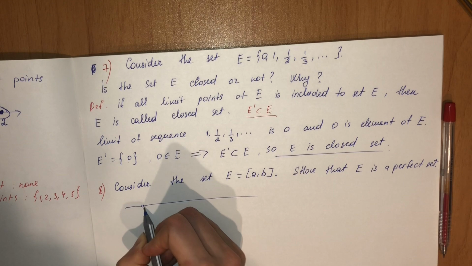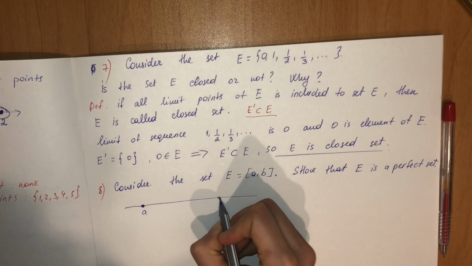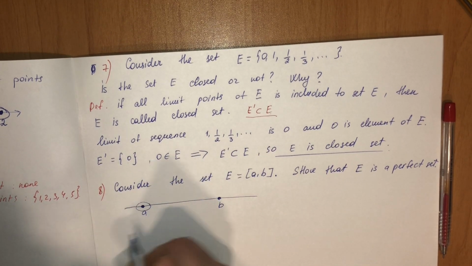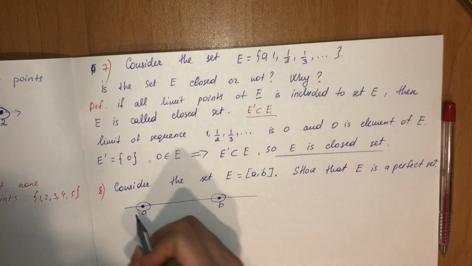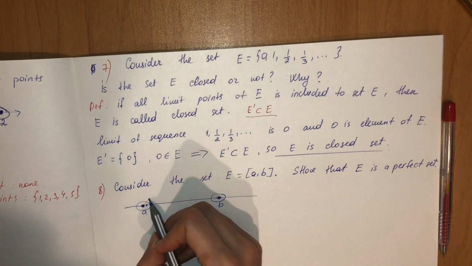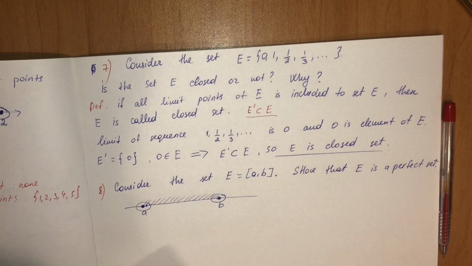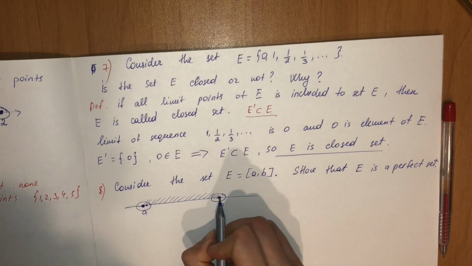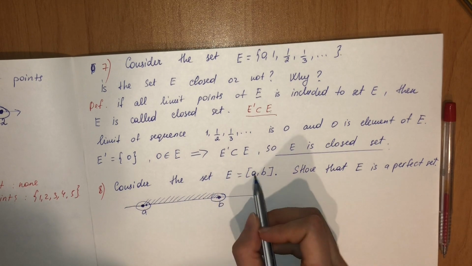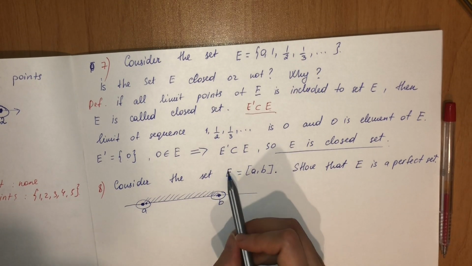Let A be included, and let B be included. We have found that in any neighborhood around A and B there is an element from this interval. So A, B, and any element from this set is a limit point of the set E.